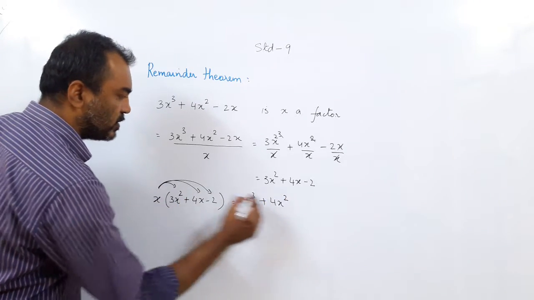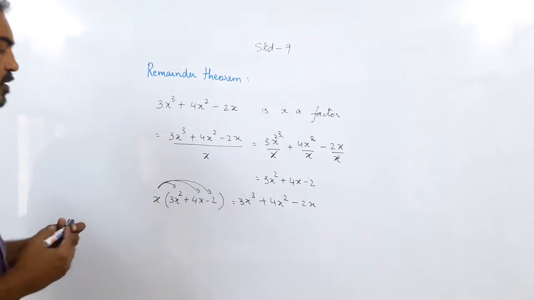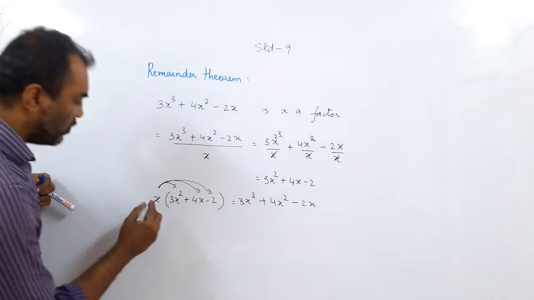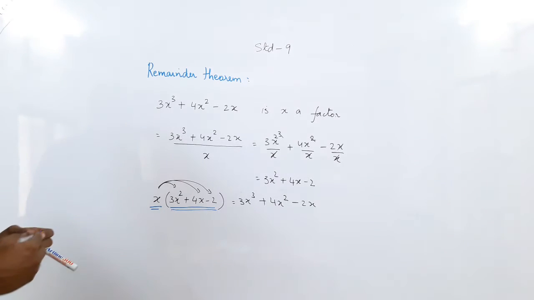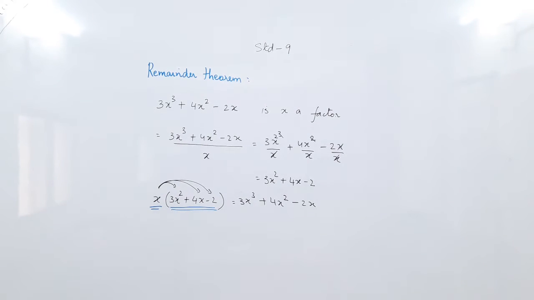You multiply x with minus 2, minus 2x. Are you getting the same thing? Means this has got two factors. Which two factors? One factor is x and one factor is this. Okay? So this is the idea of the remainder theorem. Means this divides exactly. So these two are called the factors.